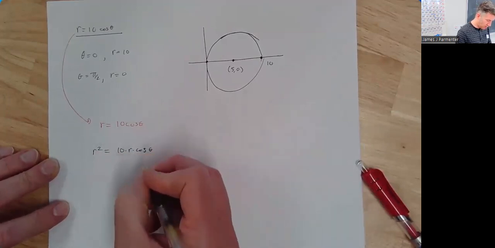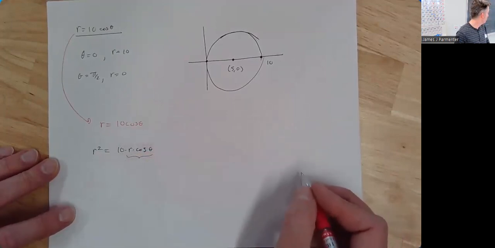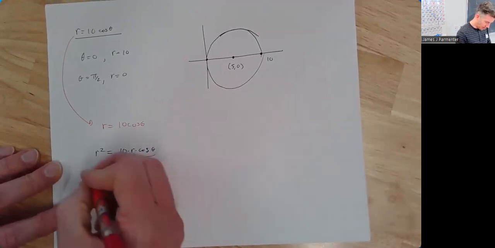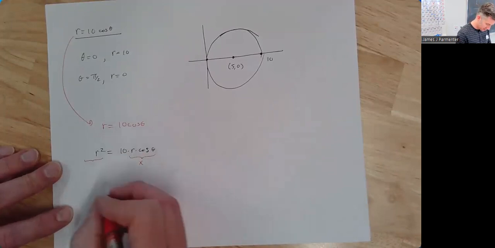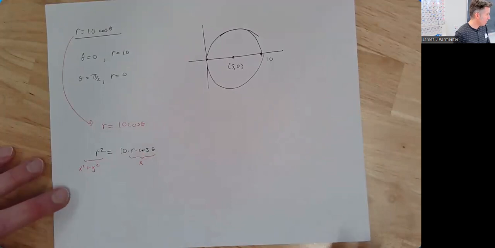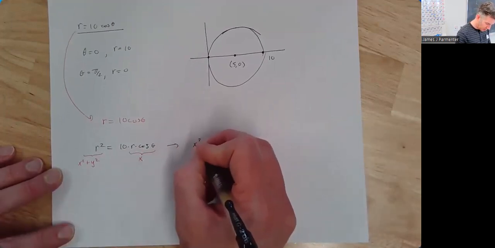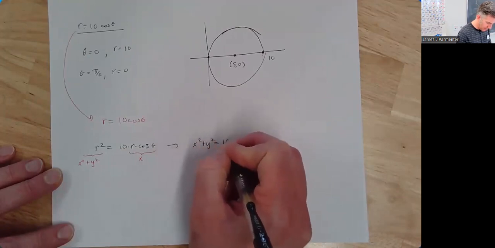And you all can tell me that r cosine theta is what? x. And r squared is what? x squared plus y squared. So if I rewrite this, I've got x squared plus y squared equal to 10x.